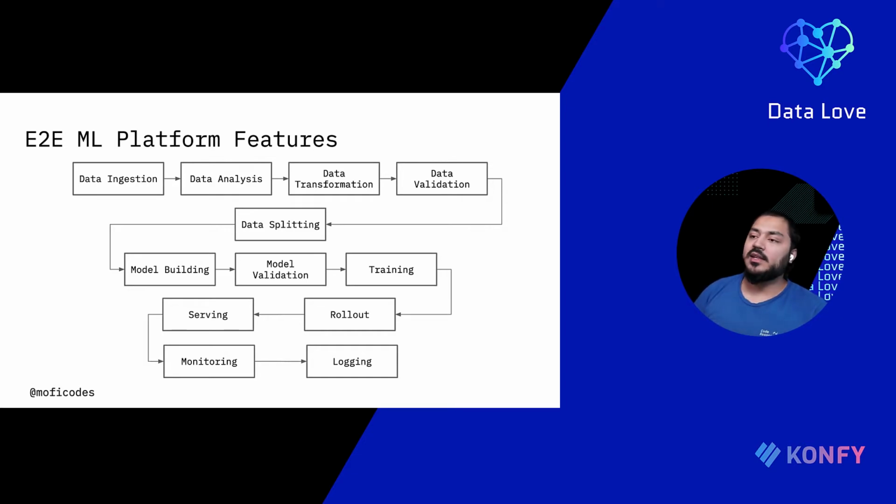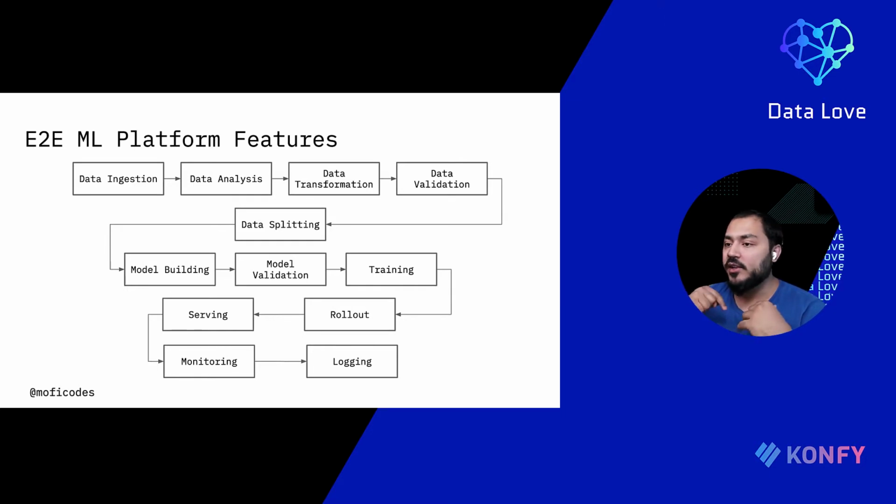Oftentimes data scientists build these models and training on their own machine, and test that it works. This is great, but the true value of machine learning only happens when we are serving that model, rolling it out into our application, using that intelligence, and then continuously monitoring the model's performance and logging it, making that a whole loop.